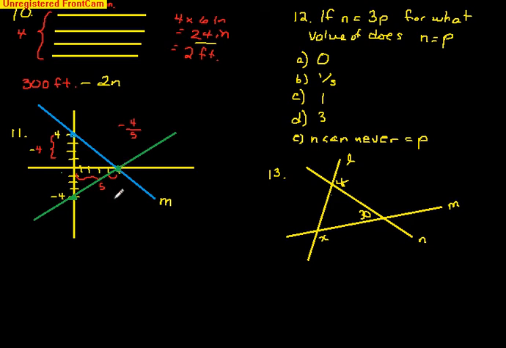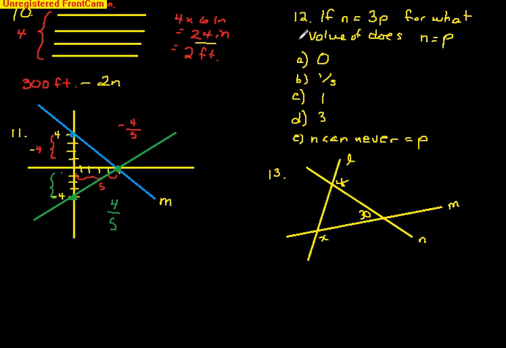So it's going to be exactly the same slope, but a positive slope instead of a negative slope. So it's just going to be 4 over 5. Rising 4, running 5. Just remember to reflect, it's going to be the same distance on both sides of the x-axis. So again, it looks really easy when someone else does it for you.